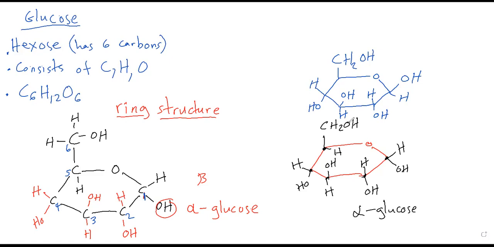And if you compare the two structures, everything is the same except for the position of the OH group on carbon number 1. When it is pointing upwards, that is beta glucose. When it is pointing downwards, it is alpha.